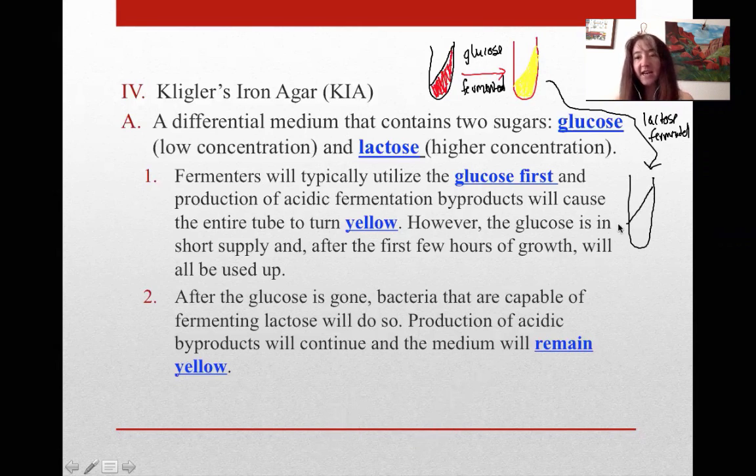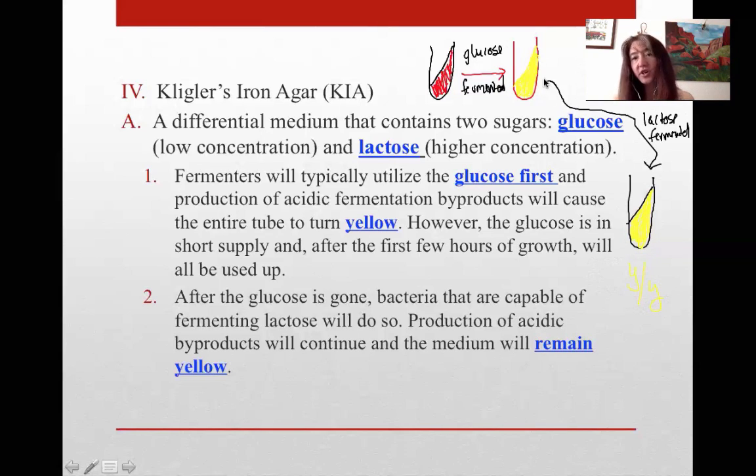So in the next morning, when we all come in and we look at this KIA tube, we can say to ourselves, wow, that bacterium fermented glucose, it used it all up, and then it moved on and it fermented lactose. So we can say that a yellow slant over a yellow butt equals both glucose and lactose fermentation. Yellow over yellow means both have been fermented.